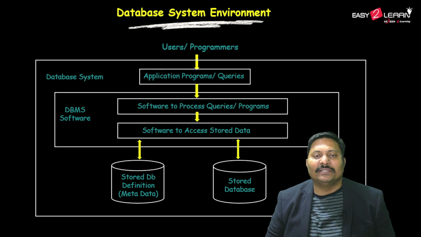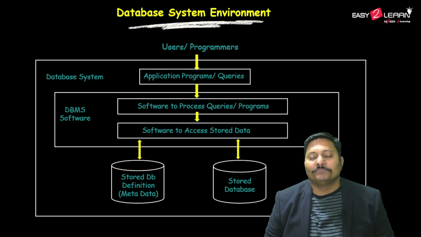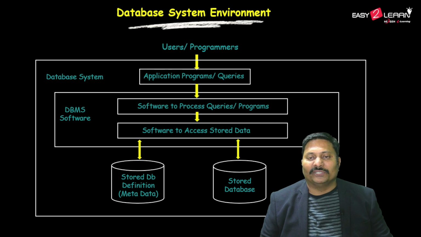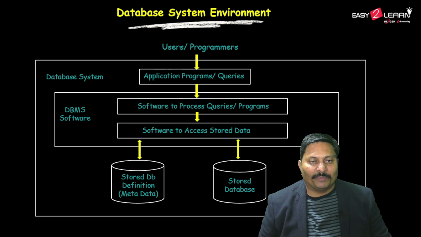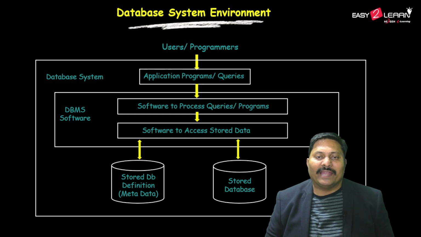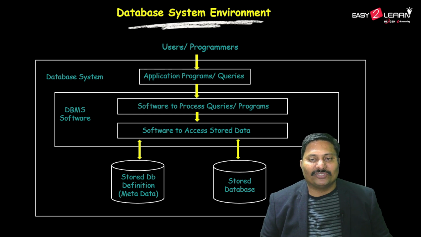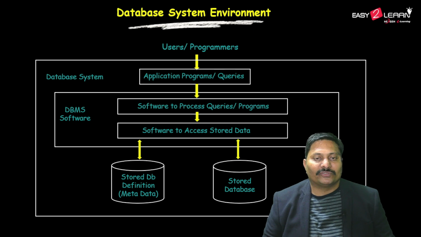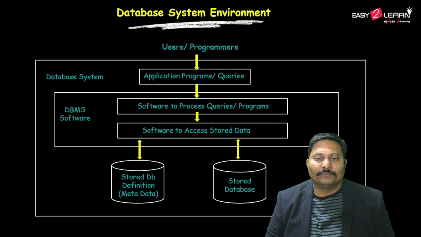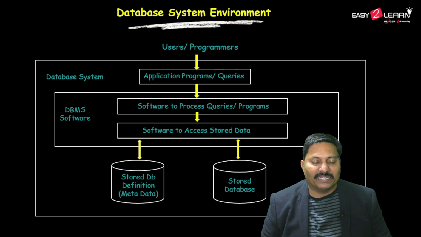As we have already seen, metadata is the database definition. So, this is a simple illustration of a database system environment where users write their queries and they are processed by the DBMS software, which accesses the stored database as well as the metadata.